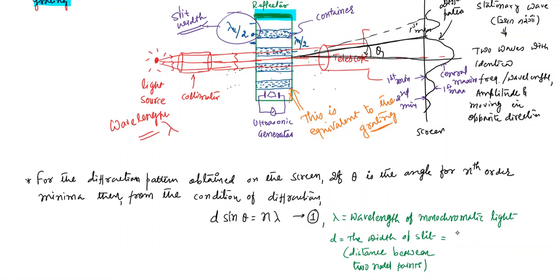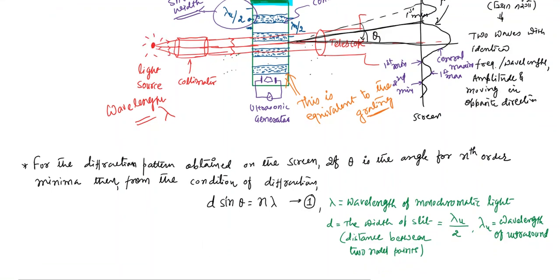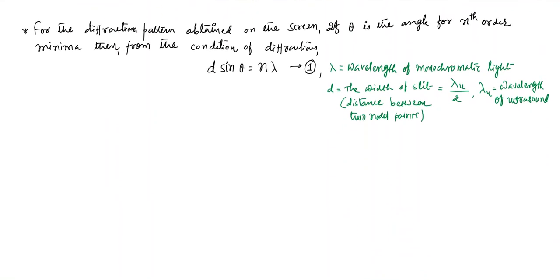And that is equal to lambda u by 2, where lambda u is the wavelength of ultrasound which is passing through this liquid medium. So let us substitute that value here. Therefore, lambda u by 2 into sin theta is equal to n lambda.